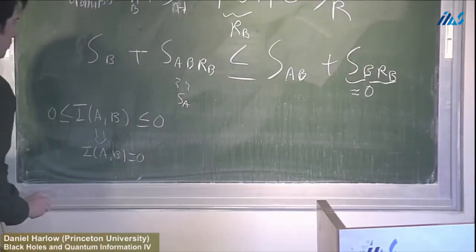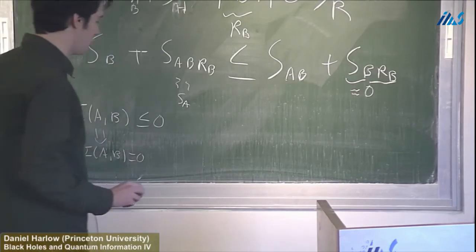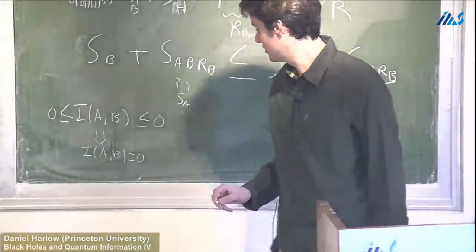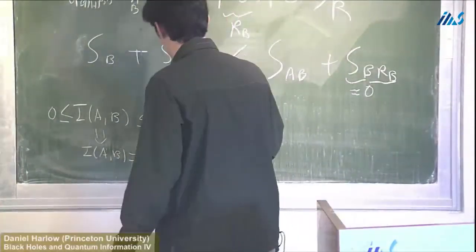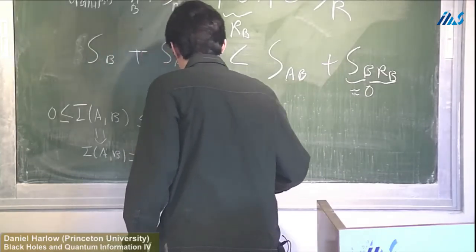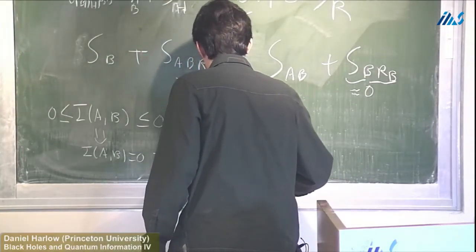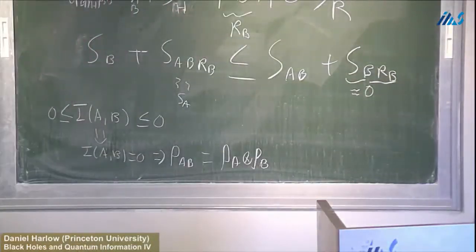But that's bad because, as you also prove on the homework, in case you didn't already know, this implies that rho_{AB} equals rho_A times rho_B. So it's a product state, which is inconsistent with this, obviously.